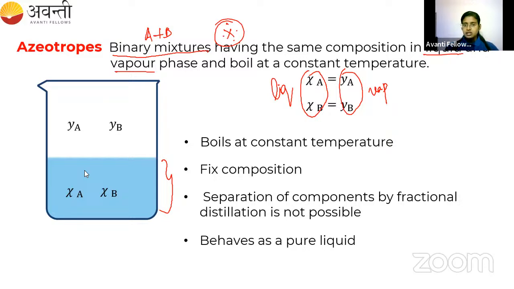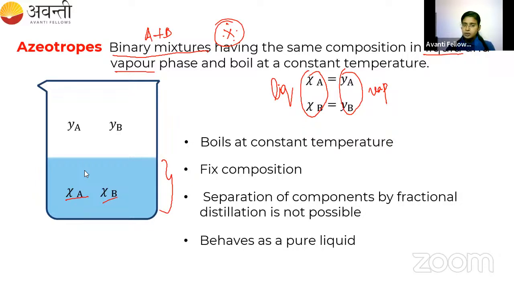Okay, Kaushik, YA and YB is not clear. XA, XB, you are clear about XA and XB, right? What is it? Mole fraction, the mole fraction of A and B. I already explained what mole fraction is in one of the classes, while discussing the concentration terms. It is the number of moles of that particular component divided by the total number of moles.